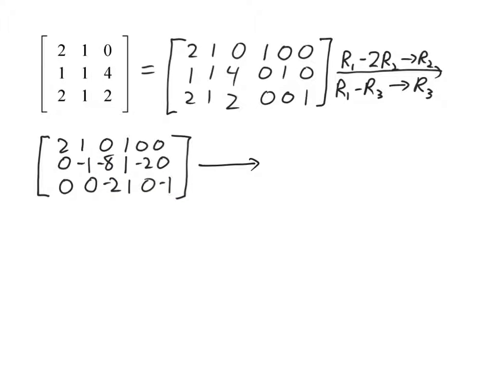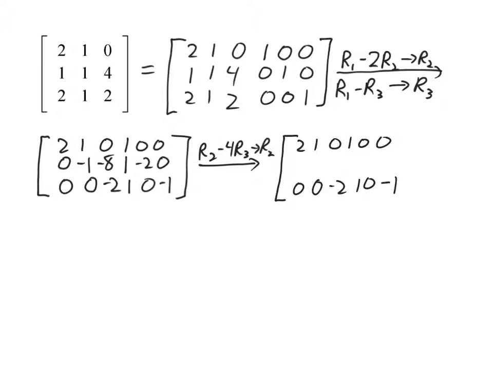In order to do that, I'm going to take row 2 and subtract 4 times row 3 and replace row 2 with that. Since row 1 and row 3 are not going to change, I'm just going to rewrite them. So I get 2, 1, 0, 1, 0, 0. And then 0, 0, negative 2, 1, 0, negative 1. And then row 2: 0 minus 4 times 0 is 0. 0 minus 0 is 0.